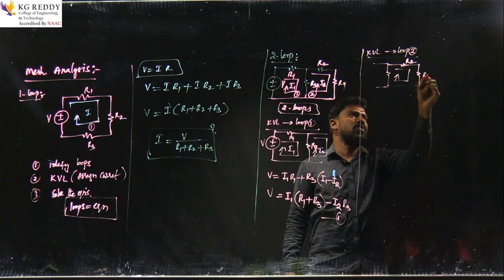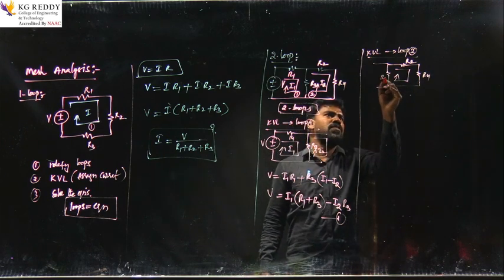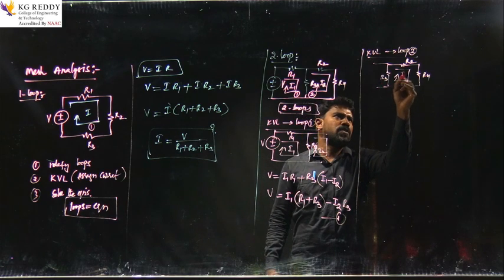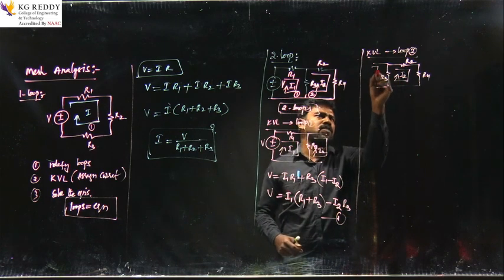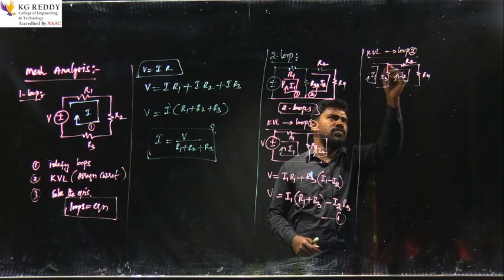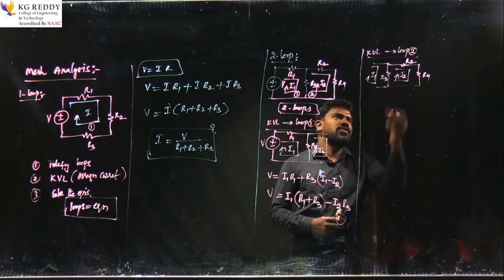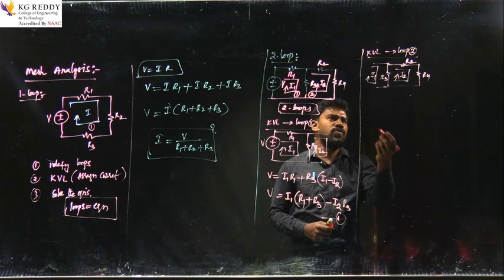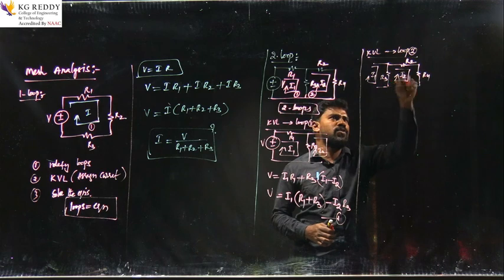What about this one? The R3 element. What is the current in this loop? I2 current. What about loop 1? This is the I1 current, coming down from this point. Now how am I going to apply Kirchhoff voltage law to this loop 2? What equation will I get? Is there any voltage source in this loop 2?